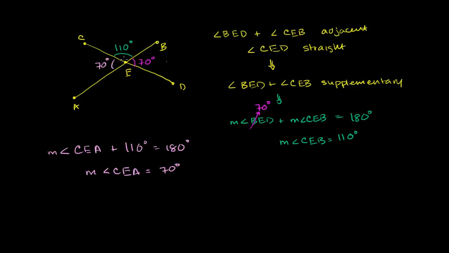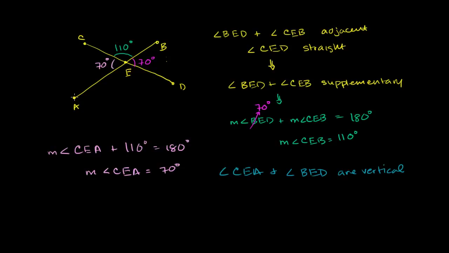But we haven't proved it to ourselves for the general case. But let me just write down this word since it's a nice new word. So angle CEA and angle BED are vertical. And you might say, wait, they look like they're horizontal, they're next to each other. And vertical really just means that they're across from each other, across an intersection from each other.